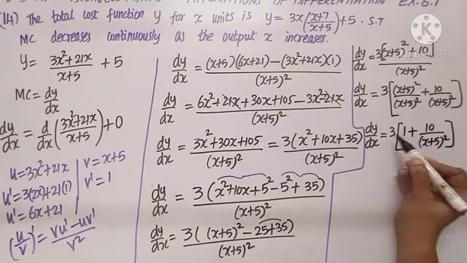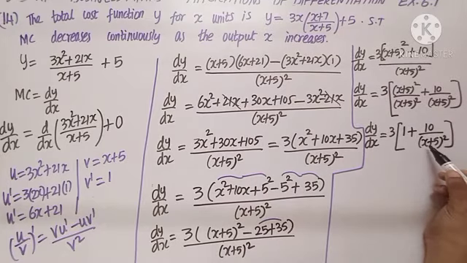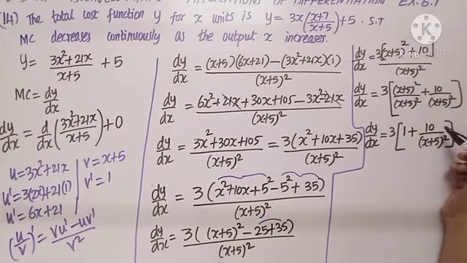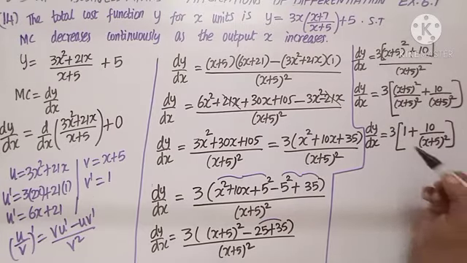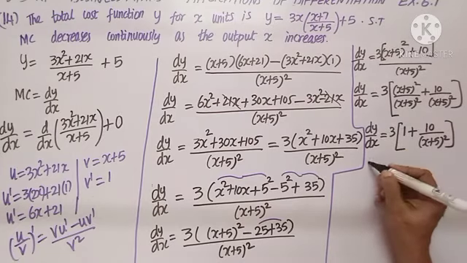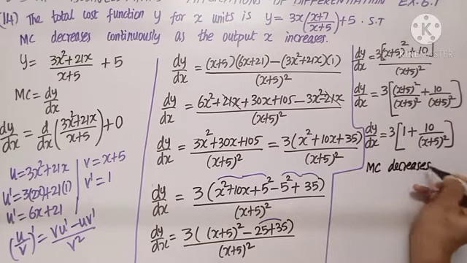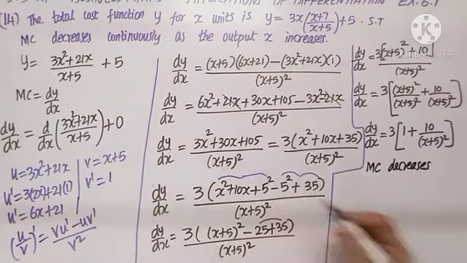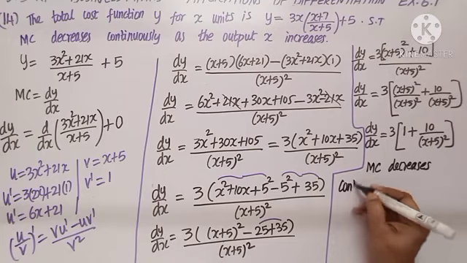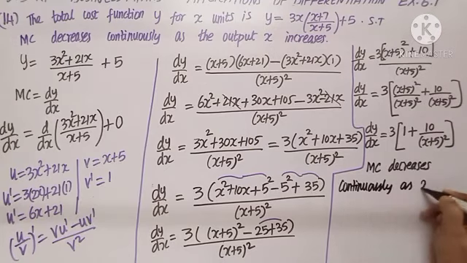Now this is a constant, this is a constant. Where is x coming? In the denominator. So if I increase x, my total answer, that is MC, will decrease. So I get MC decreases continuously. Just write the statement: MC decreases continuously as x increases.